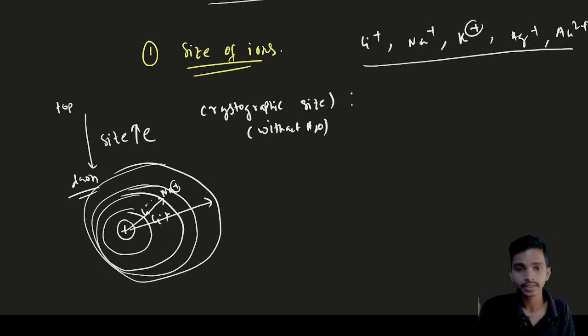So if size increases, then the distance between the nucleus and the outer electrons increases, which means size increases.